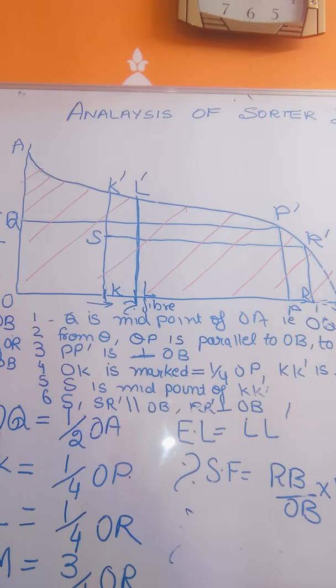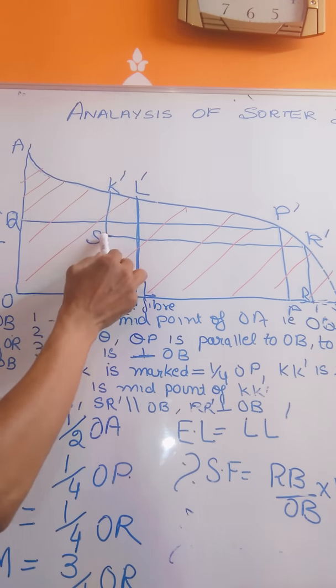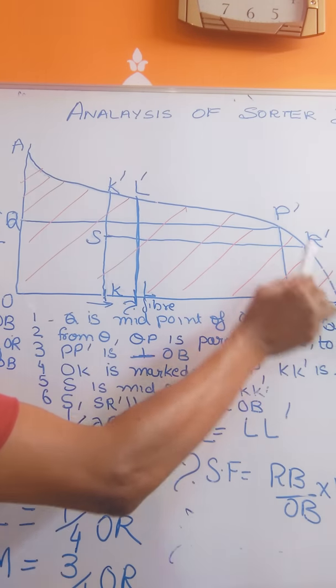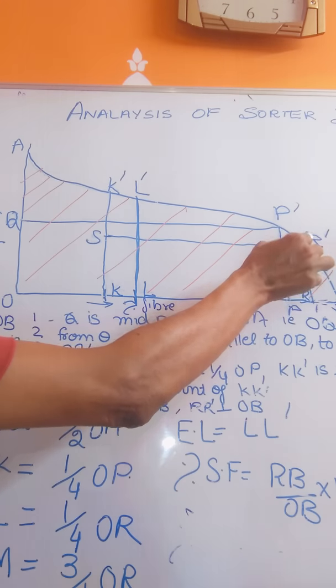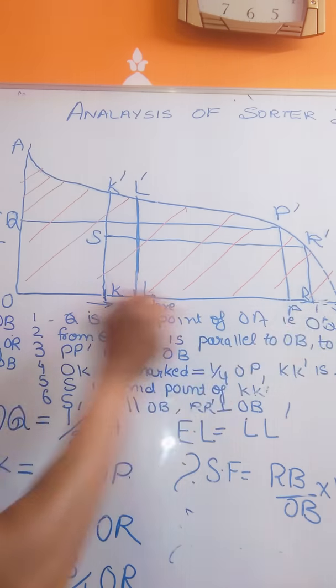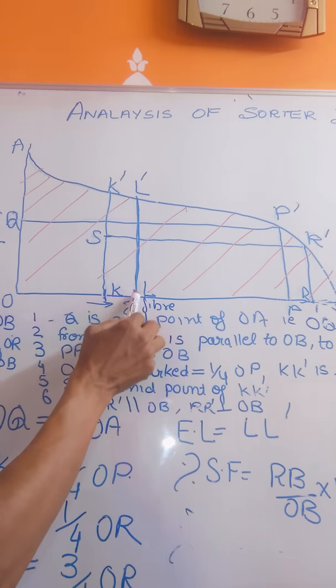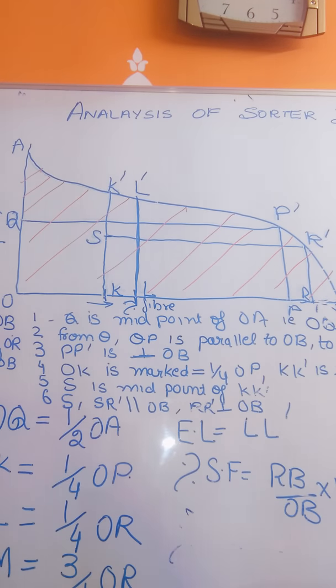S is the midpoint of KK dash. From here a line is drawn perpendicular to OB which cuts my curve at R dash. Then R dash R is perpendicular on OB. OL is 1/4 of OR.